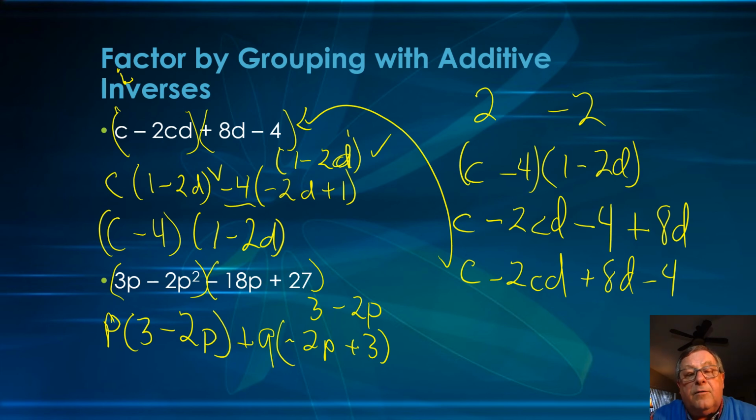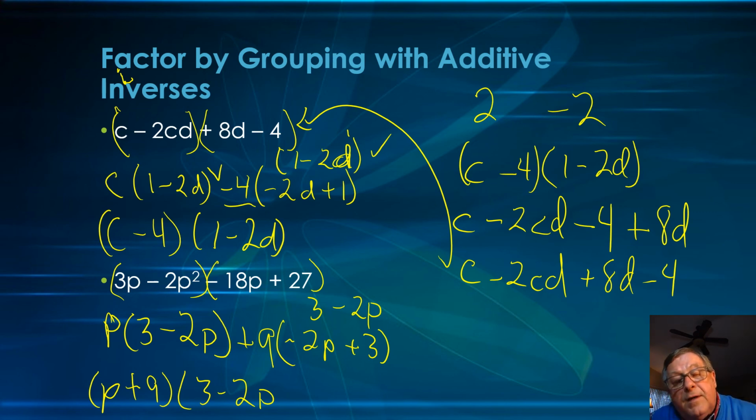I see that I've got a common factor of 3 minus 2p. And so in this factored form, I've got p plus 9 times 3 minus 2p. Finish off with that parenthesis, and shazam, there we go.